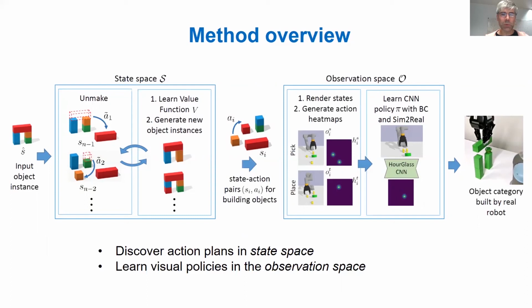So first, what do I mean by learning state policies? We have, let's say, an instance of an object which is already composed, and we just try to decompose it. We call it unmake.